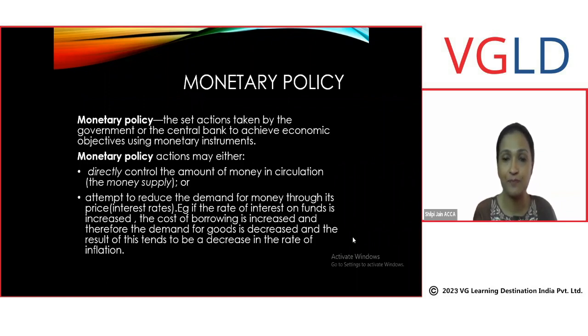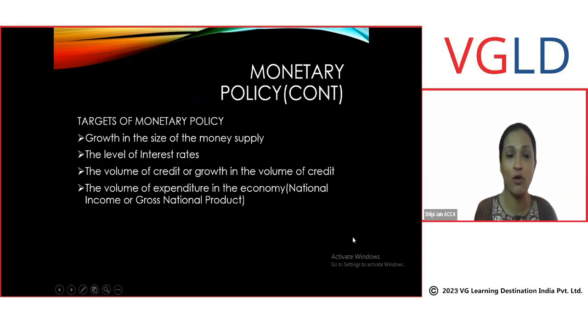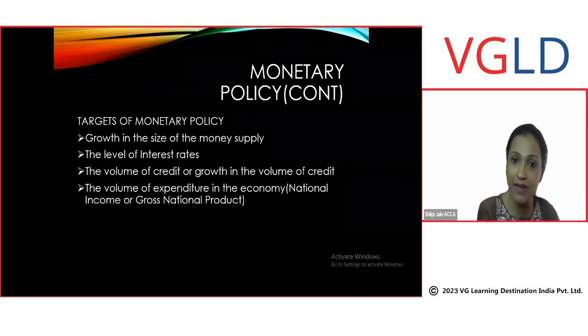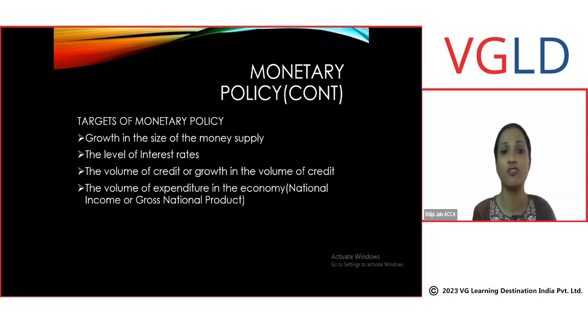Yes, well done, Vani. So let's quickly have a look at what we basically endeavor to achieve via the use of monetary policy as a government. We want growth in the size of the money supply. We want the level of interest rates to be moderate so that people can go ahead and actually take money on credit. The volume of credit, or the growth in the volume of credit that we're looking at, as well as the volume of expenditure which is going to happen in the economy.